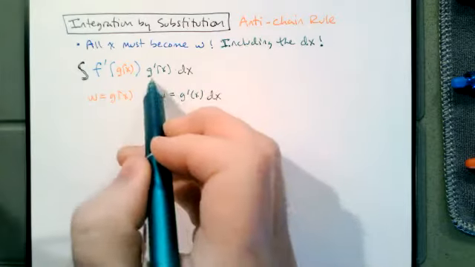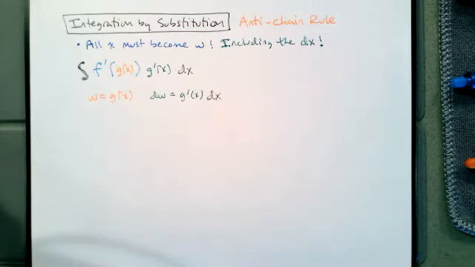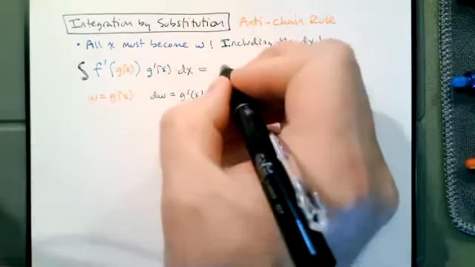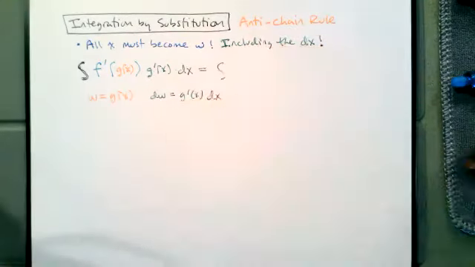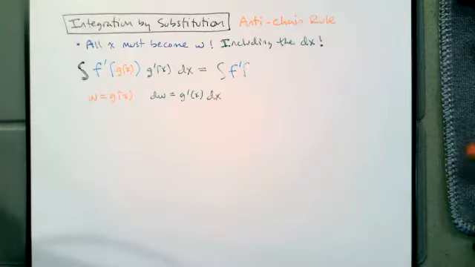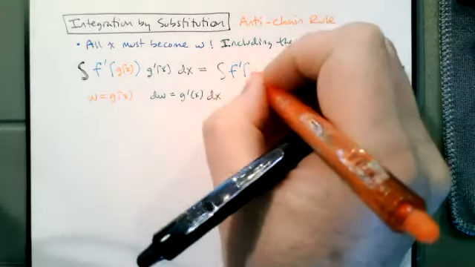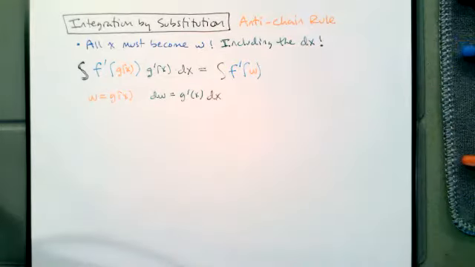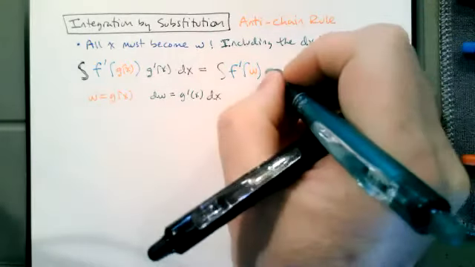So the g prime of x is there to make substitution go. Once we identify the things that we need, we're going to be integrating f prime of w, and then the g prime of x, dx all becomes dw.